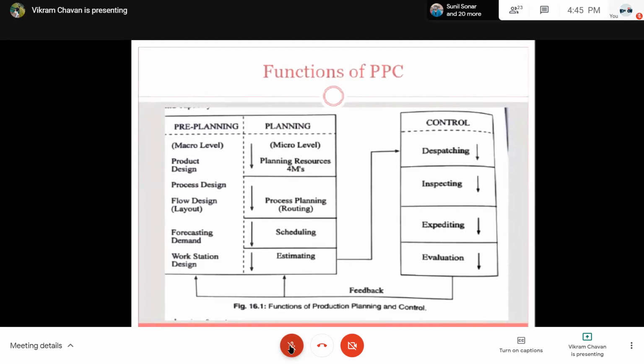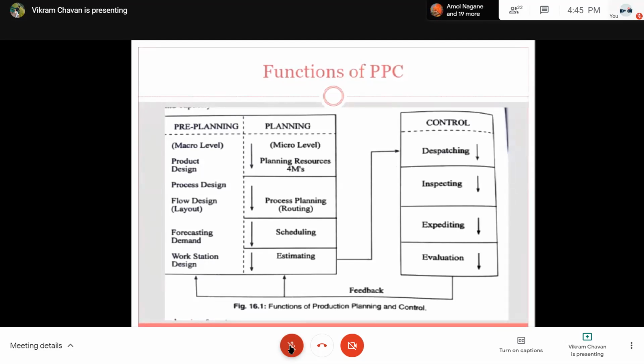The layout is nothing but fixing the machines according to the manufacturing processes: which machine should be located at which location. That comes under the flow design.